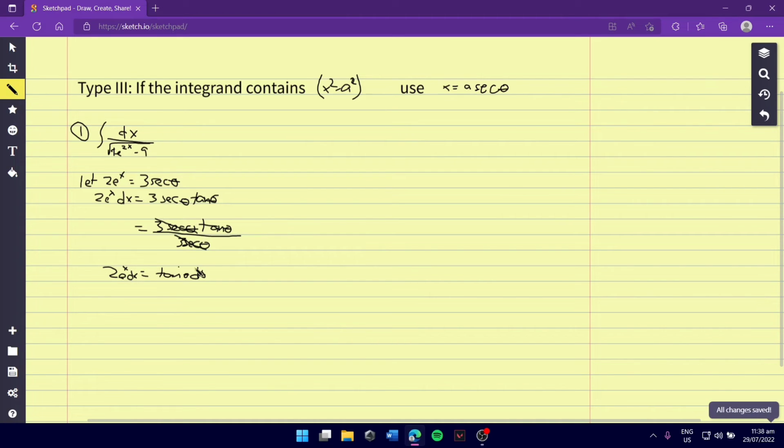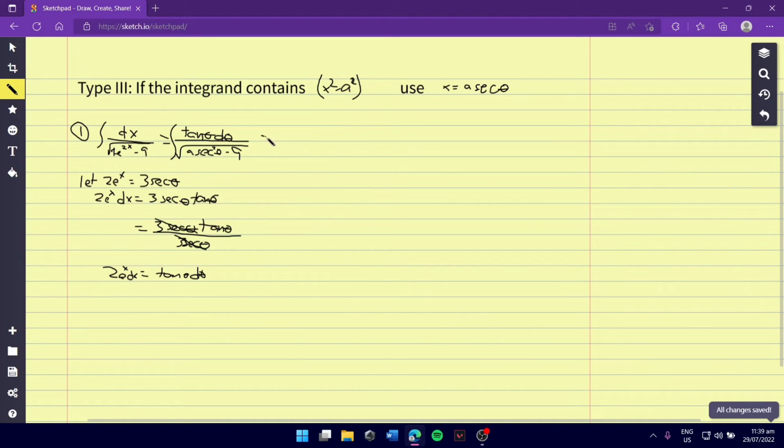So now we will distribute it to our equation. We have tangent of theta, since our dx is tangent theta d theta, over the integral of the square root of secant squared theta minus 9.